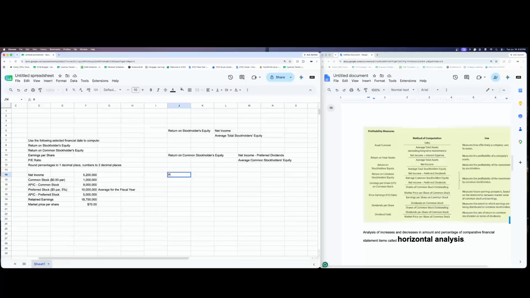Next, earnings per share, EPS. Okay. Net income minus preferred dividends, over shares of common stock outstanding.